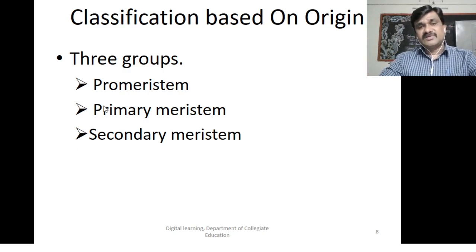So the second one is what we call primary meristem. Primary meristem is derived from the promeristematic cells. That means promeristematic cells undergo division and that gives rise to primary meristem. This primary meristem retains the division property throughout the life of the plant body.